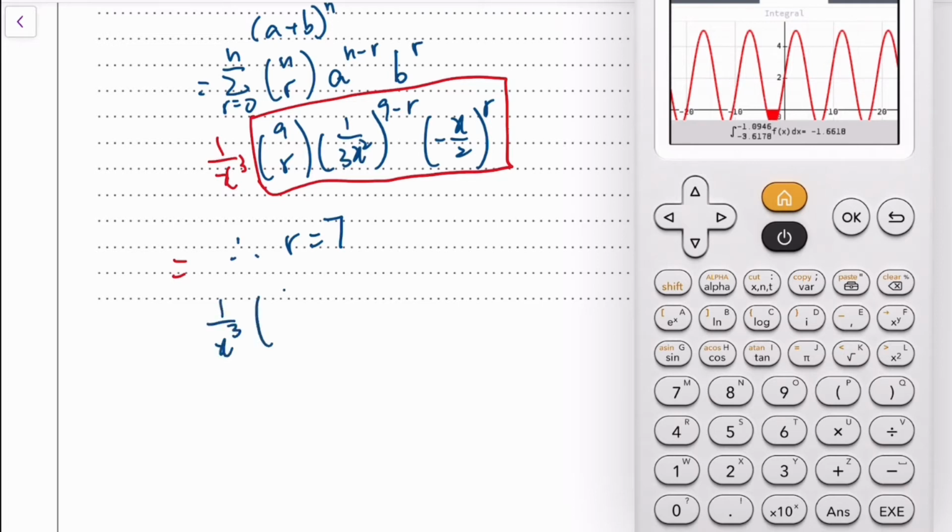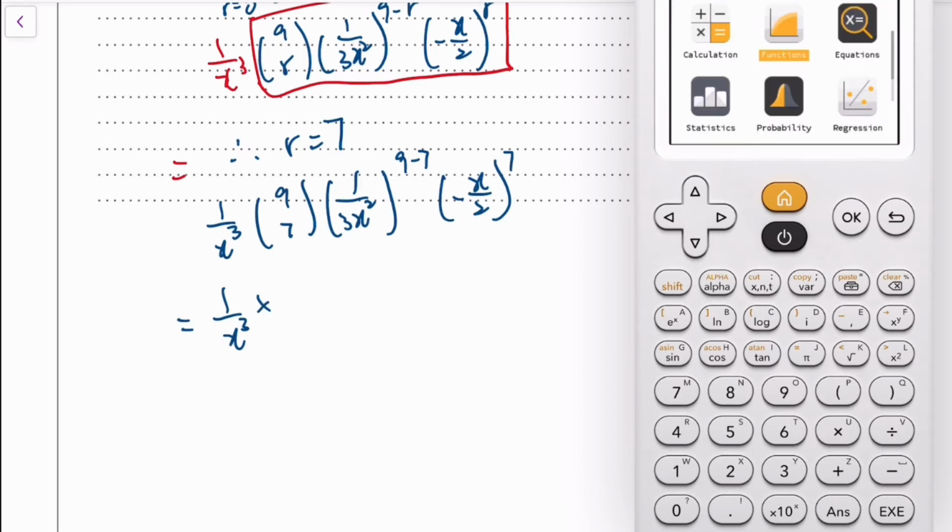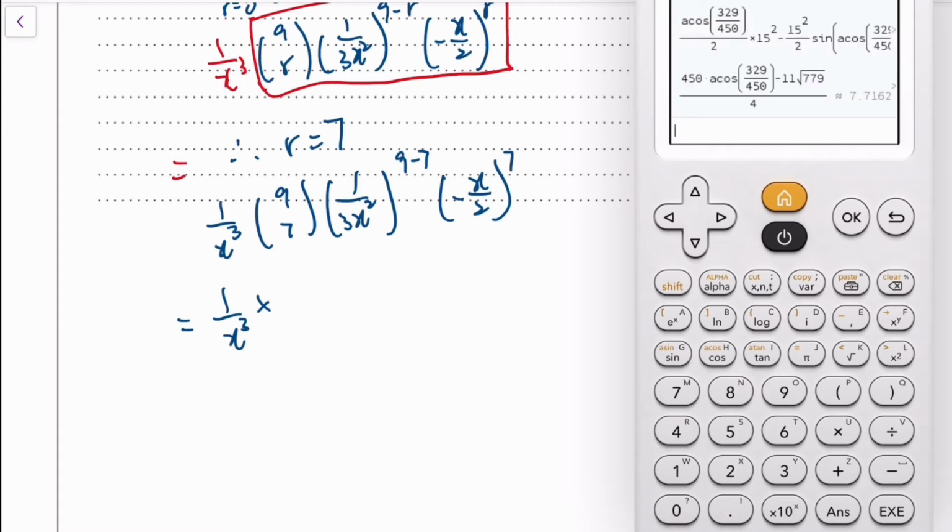So I usually just plug in one by one and guess. If you really want to, you can use law of indices to calculate it, but I find guessing still pretty fast. Okay, I need to find 9C7.